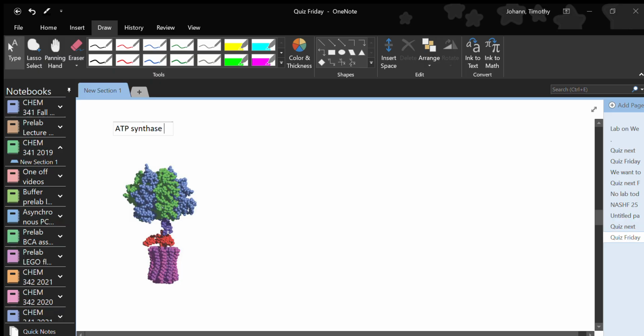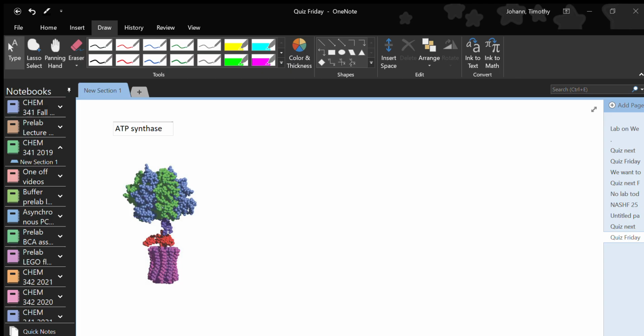So ATP synthase is going to let those protons back into the mitochondrial matrix and use the energy of them coming back in to synthesize ATP. All right, so in doing so, it will capture some of that energy and use it to synthesize ATP.